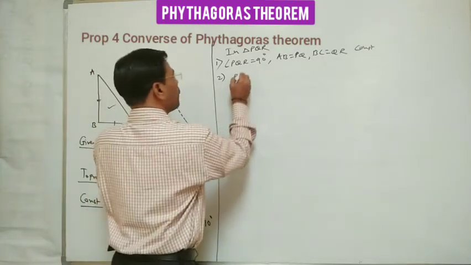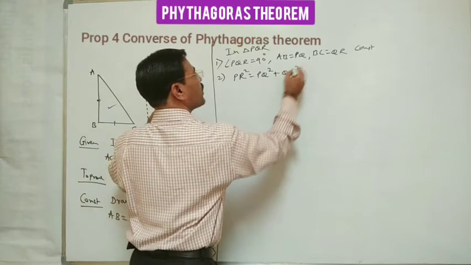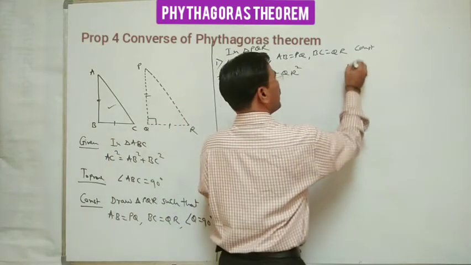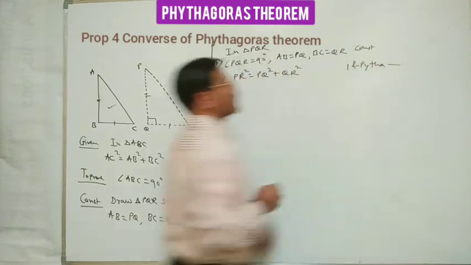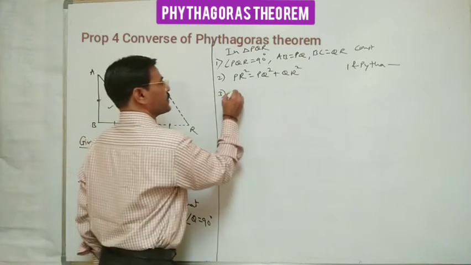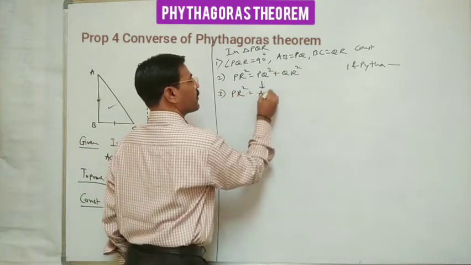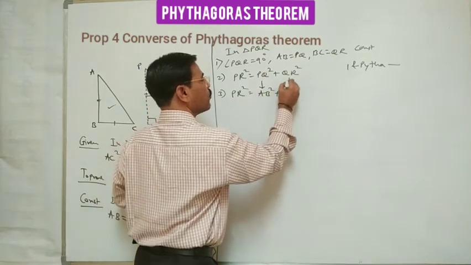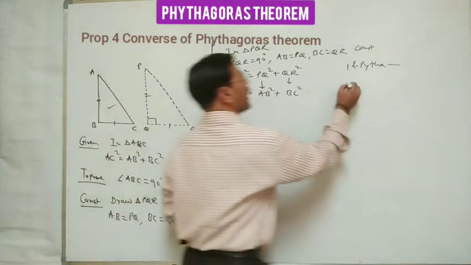PR square is equal to PQ square plus QR square. This is from 1 and by Pythagoras. Now I'll replace PQ with AB square and QR with BC square. This is from 1 and 2.